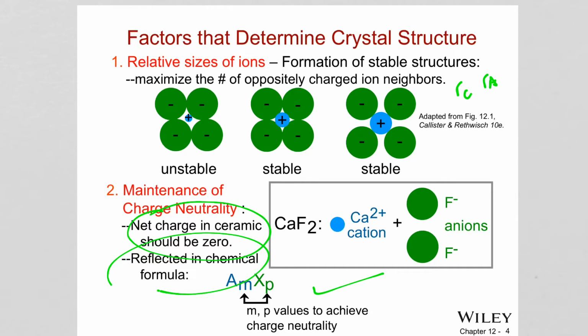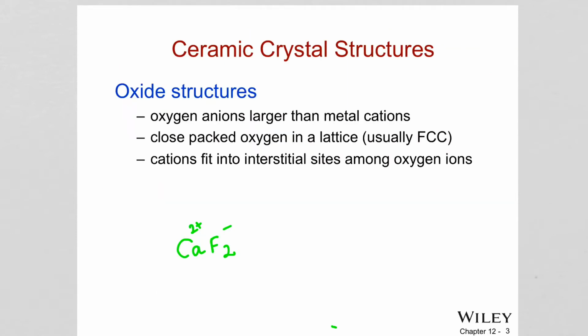Therefore, RC over RA is smaller than unity. That explains why, in oxide structures, meaning a metallic ion reacting with an oxygen anion, the oxygen anions, taking the electrons, are larger than the cations, who are giving up their electrons.